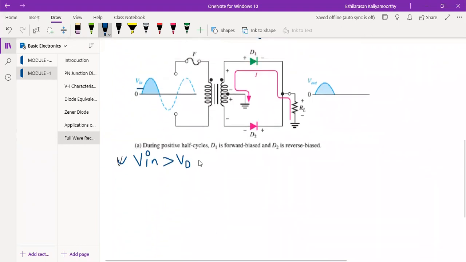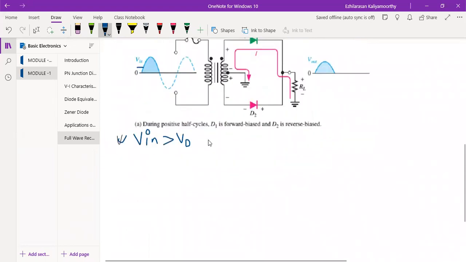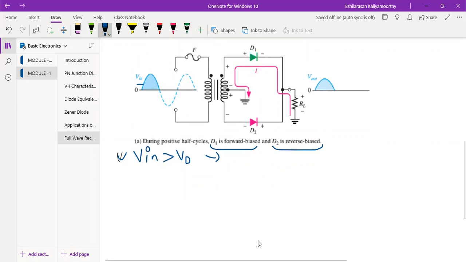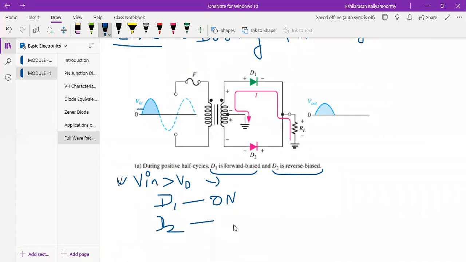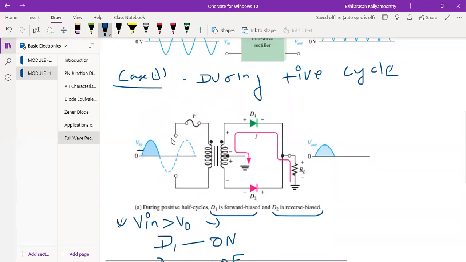So during the positive cycle, D1 will be in forward bias and D2 will be in reverse bias. When D1 is forward biased, D1 is on, and D2 is reverse biased, so it will be off. You may ask how, because in the positive cycle, the input is a complete curve.